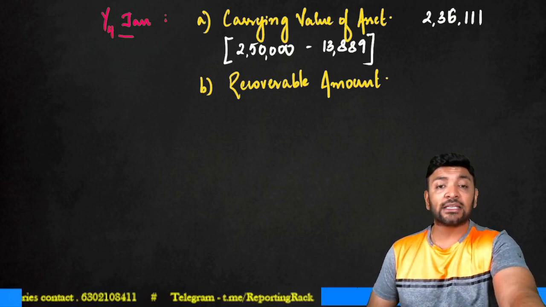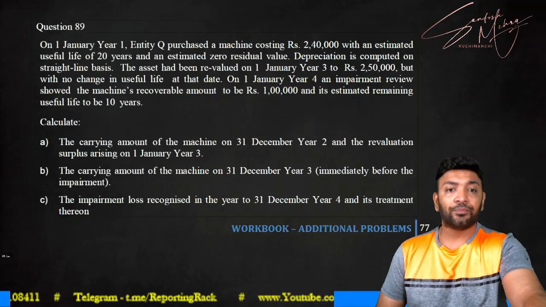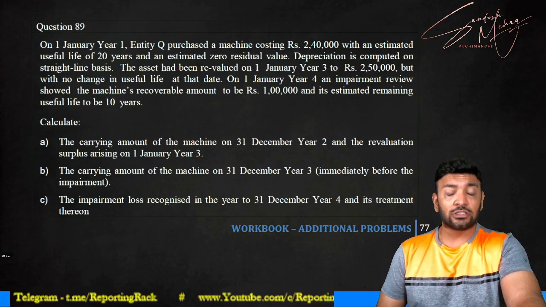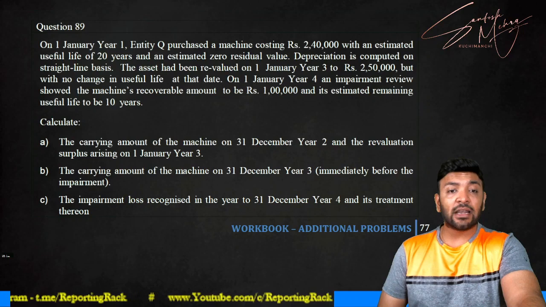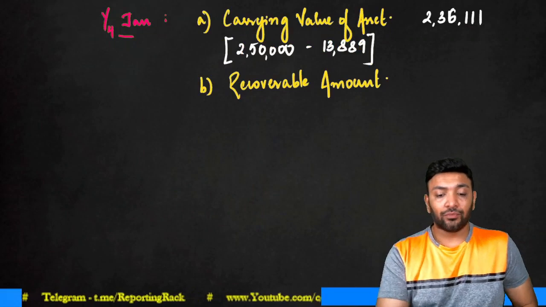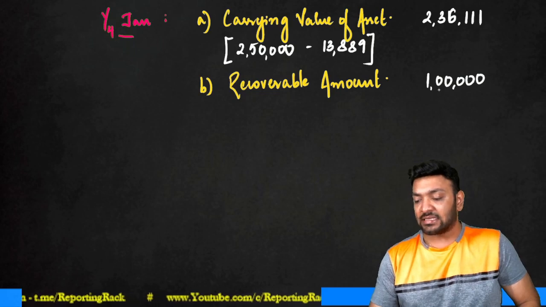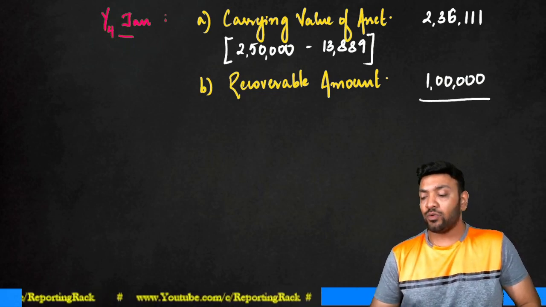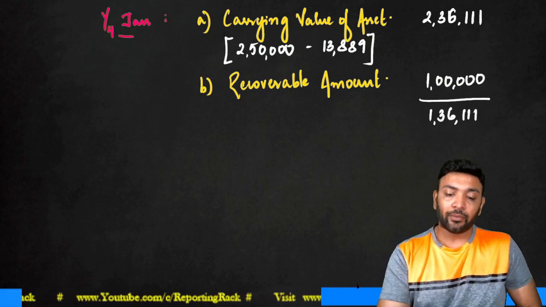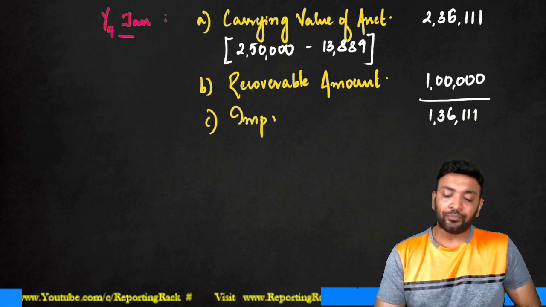If you look back at the question, the recoverable amount is 1 lakh at Jan of year 4, and the estimated remaining useful life is 10 years. Since your recoverable amount is less than carrying value, 1,36,111 should be charged as impairment.